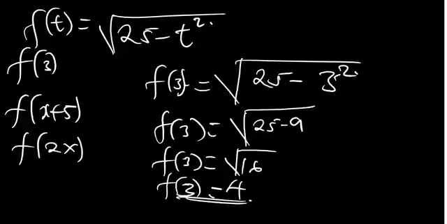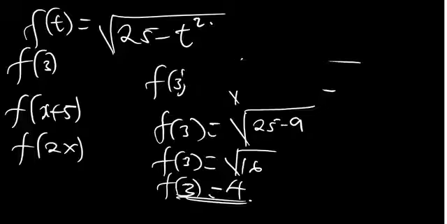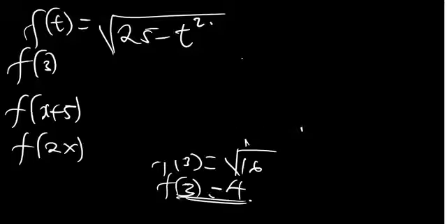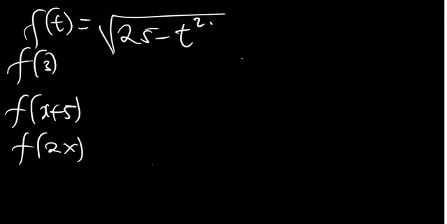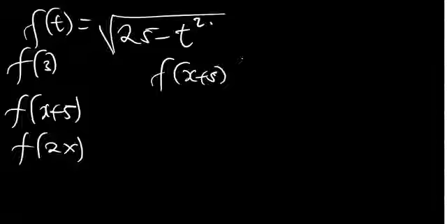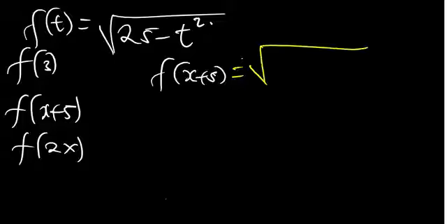Okay, let's go to part 2, where they want us to find f of x plus 5. So what will be f of x plus 5? This is going to be equal to, where there is t, we are going to put x plus 5. So it's going to be the square root of 25 minus, open brackets, x plus 5, but t is squared, so I have to square this.